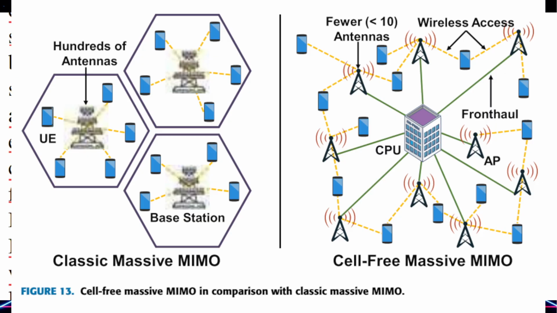Without cell boundaries, all base stations or a subset of base stations can serve users simultaneously in a coordinated manner. In coordination, the cell-free massive MIMO base stations can share with each other the data to be sent to users through front-haul links.